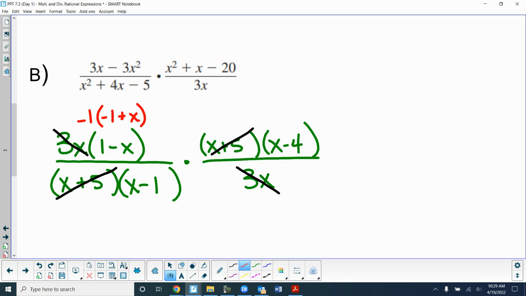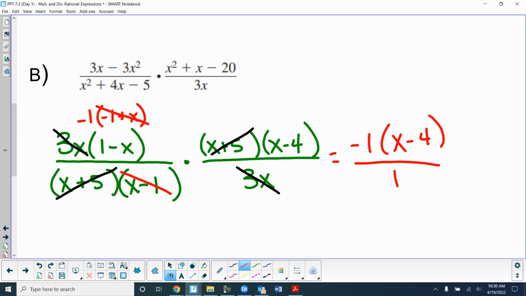Yeah, so if you see opposites like this, take a negative 1 out of one of them, and they'll cancel. So what's up top? A negative 1 and an x minus 4. And what's left in the bottom? Nothing. You can put a 1 if you want, but you don't have to. Okay?